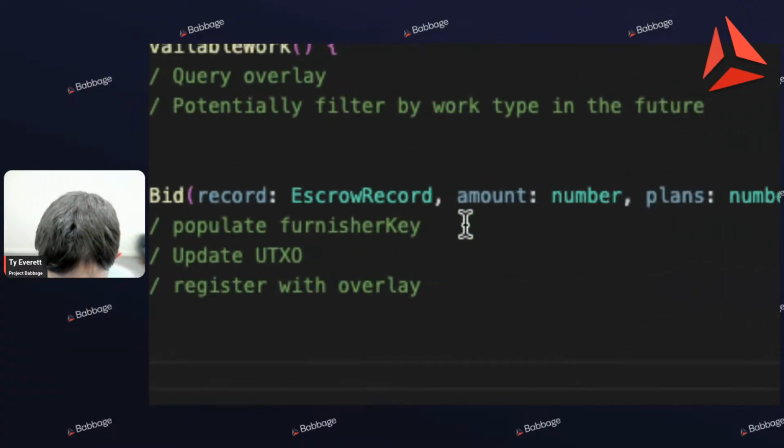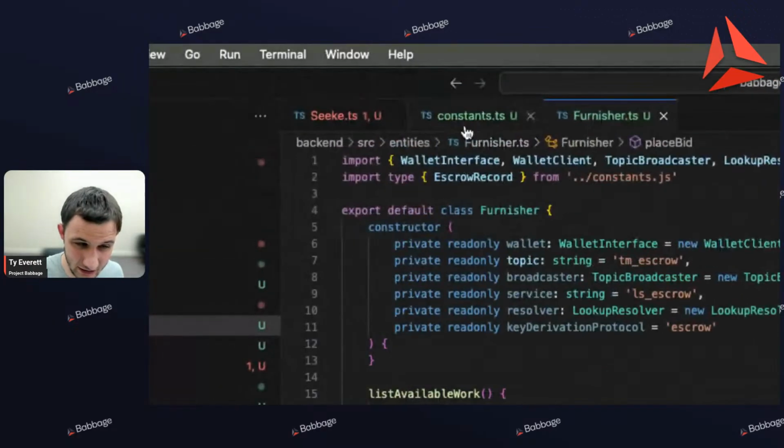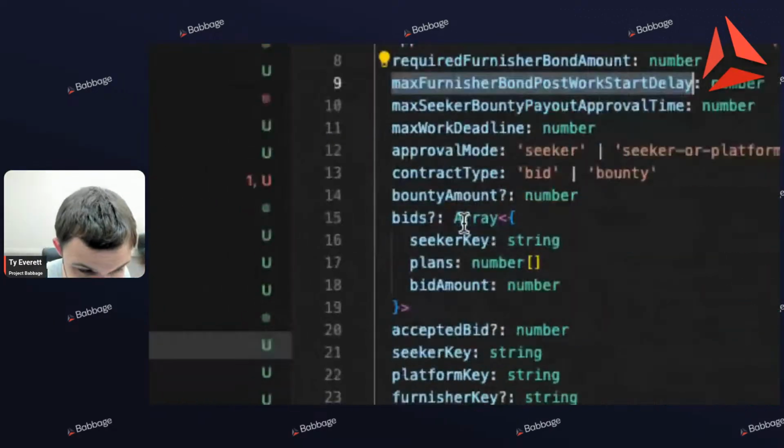Because I was writing this and I was like, wait, what if I want to bid with a bond? So the bond amount should be part of the bid as well.